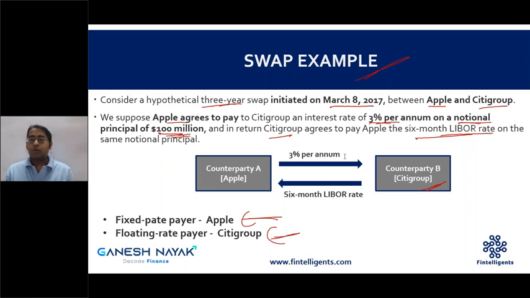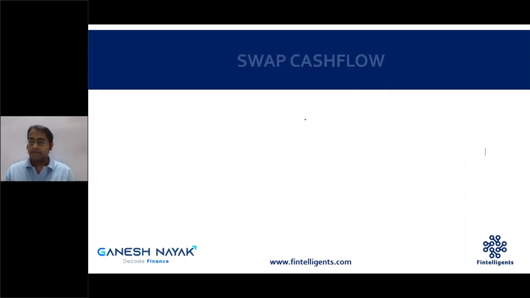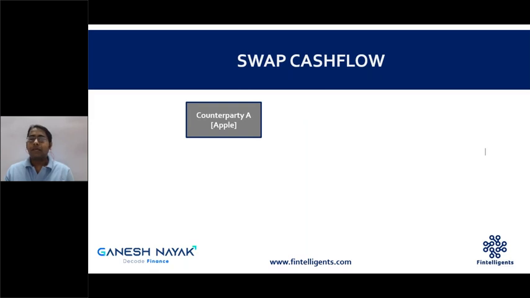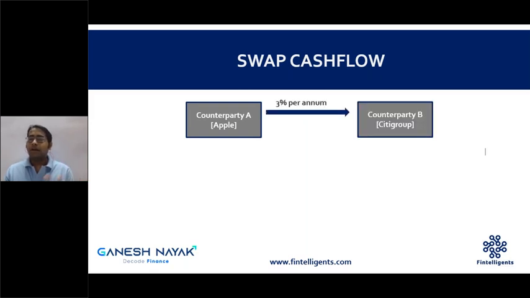We'll start with the first example from that perspective. The first example has counterparty A and counterparty B. Counterparty A is paying 3% per annum. Counterparty B is paying a 6 monthly floating rate, which is a LIBOR rate.